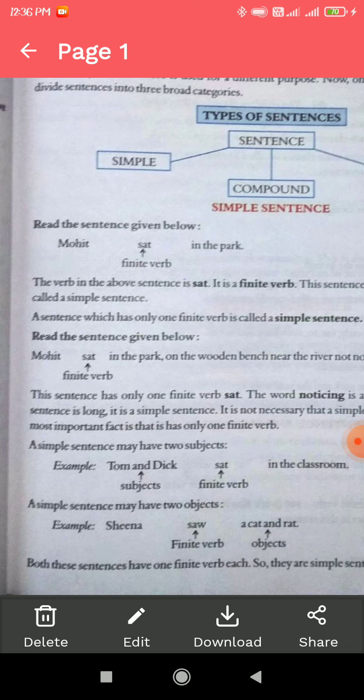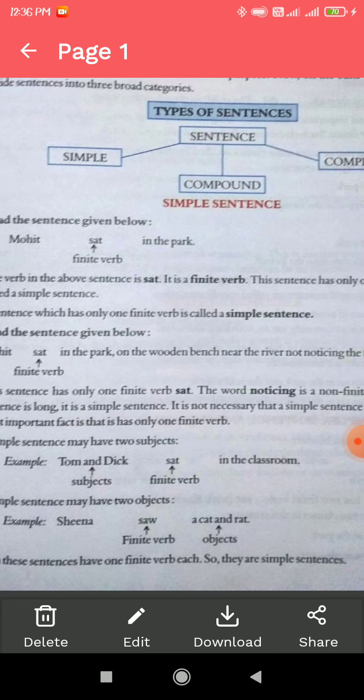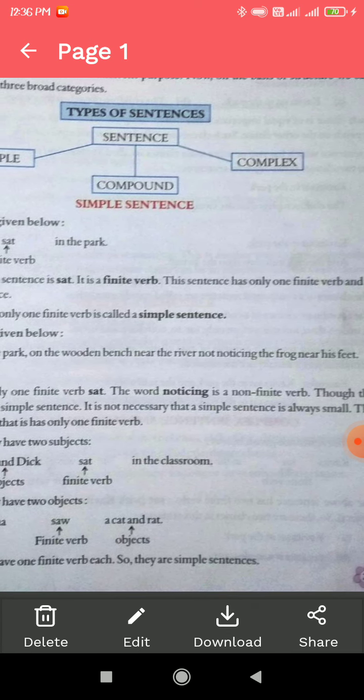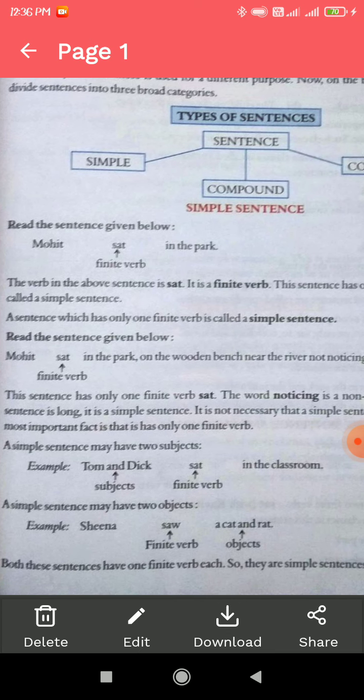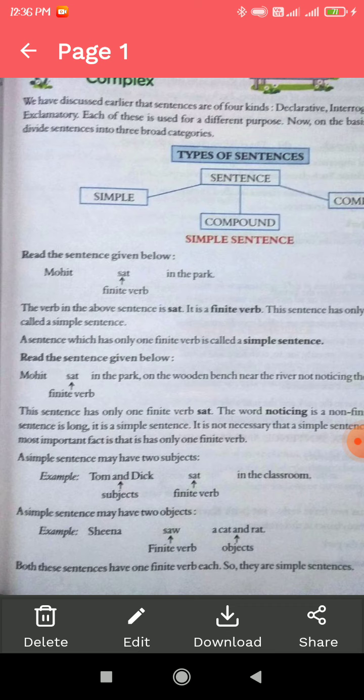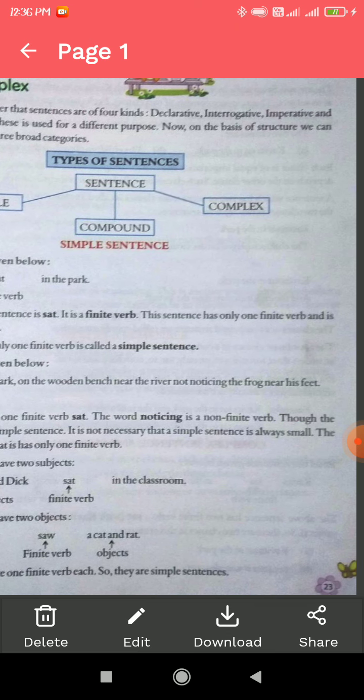Second example, you can see: Mohit sat in the park on the wooden bench near the river, not noticing the frog near his feet. This sentence has only one finite verb, sat. The word noticing is a non-finite verb.